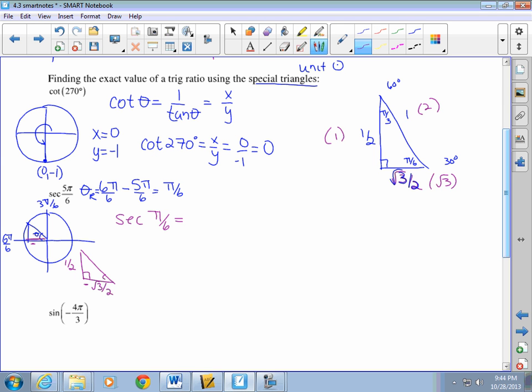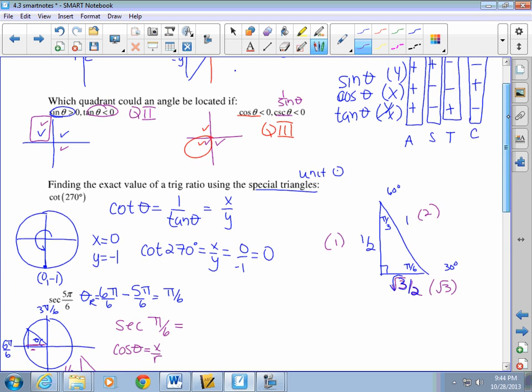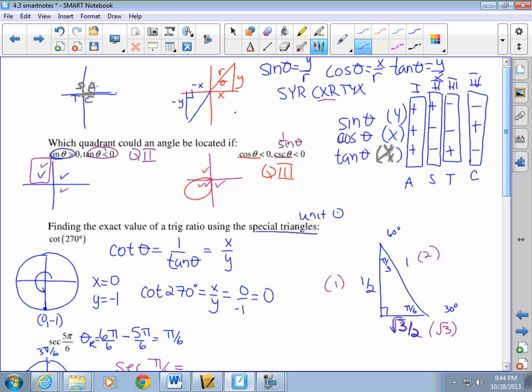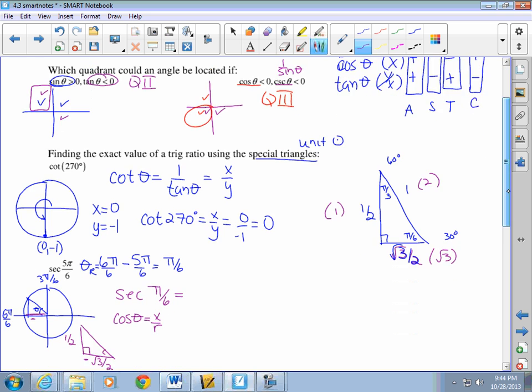So secant is the reciprocal of cos. Cos of theta is equal to x over r.